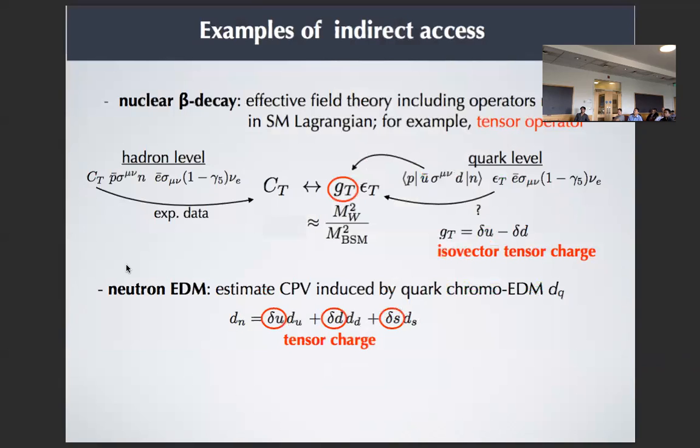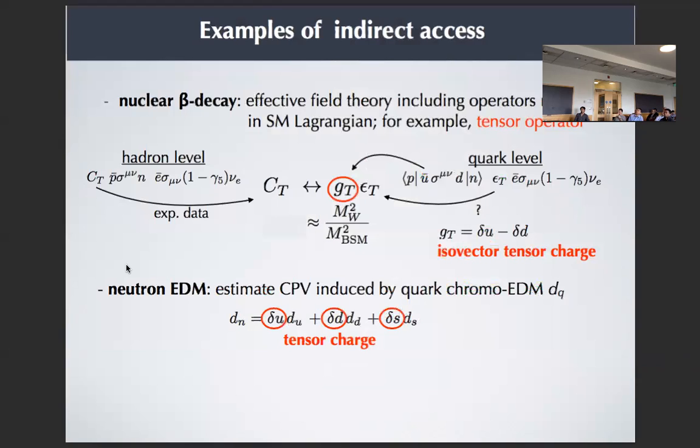In this case, this is a transition between a neutron and a proton, so we are involving the isovector component. But there are also other examples where we involve directly the single flavor components of the tensor charge. For example, if you look at theories that incorporate the CP violation coming from the electric dipole moment contributions of the Fermi fields of the theory.